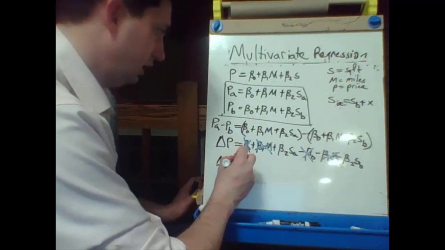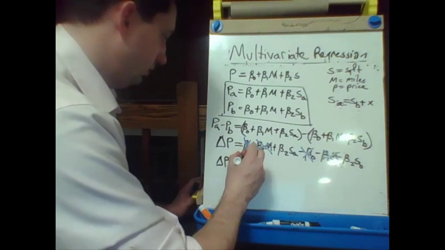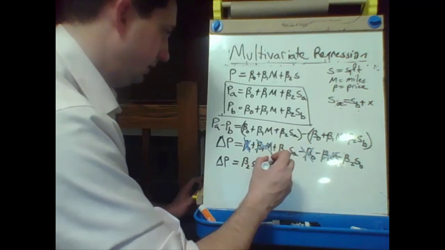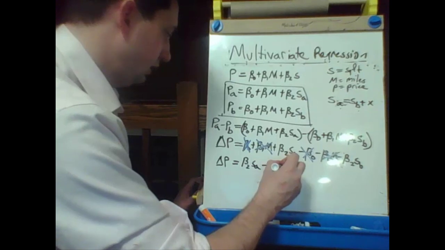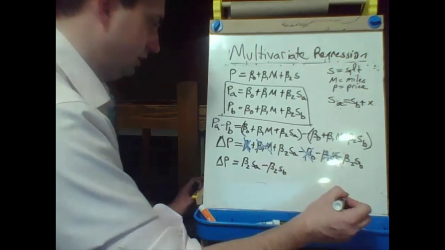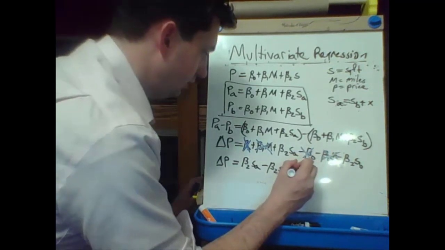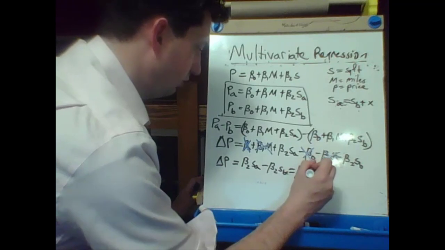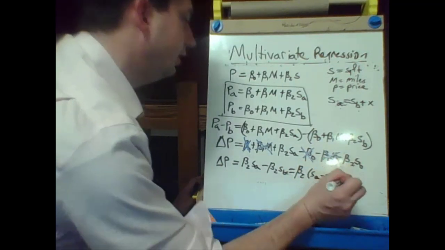Change in P equals beta 2 SA minus beta 2 SB, which equals beta 2 times (SA minus SB).